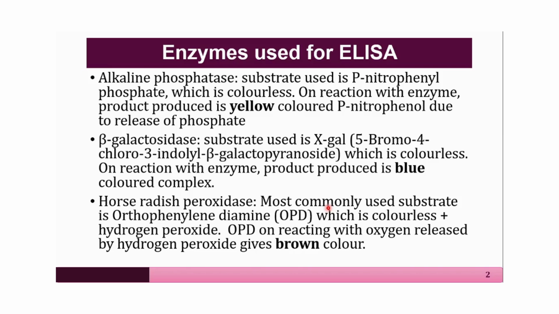The enzymes that are commonly used for ELISA are alkaline phosphatase, and this enzyme uses the substrate para-nitrophenyl phosphate. When it reacts on the substrate, it will cleave off the phosphate group and produce a yellow colored solution which contains para-nitrophenol.